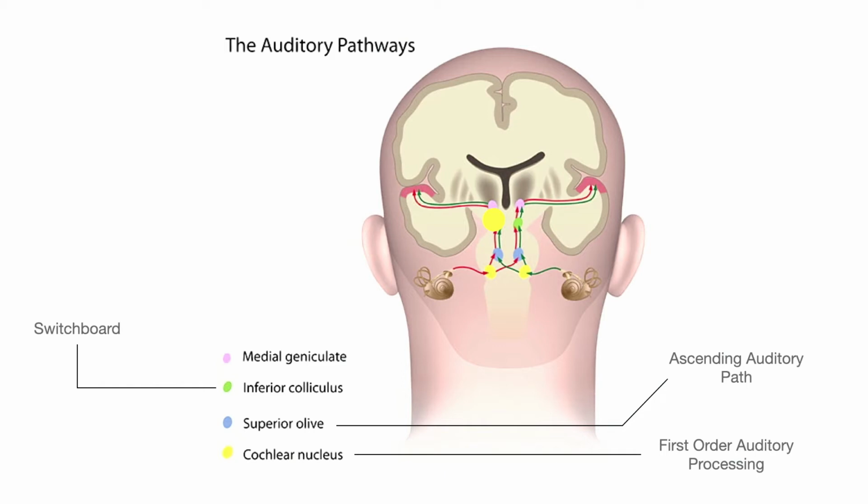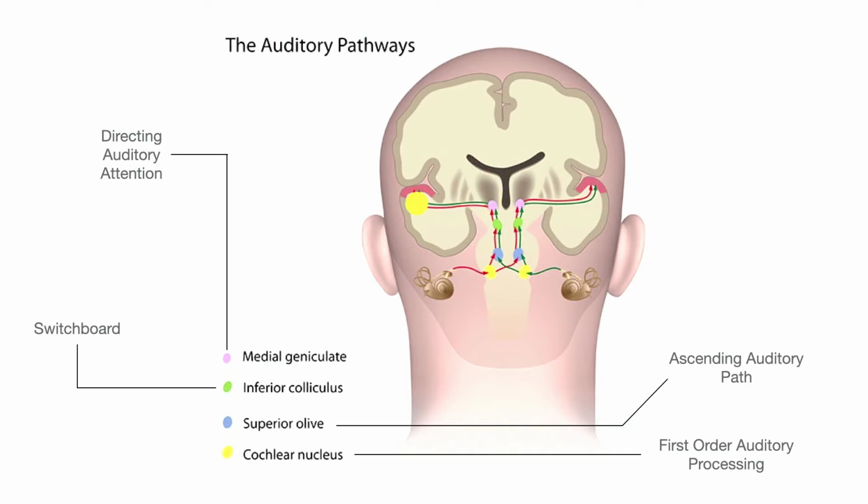Now we're starting to get into some processing, attentional issues in terms of parsing out the different sounds by pitch and frequency. And then finally into the medial geniculate, which directs the auditory information to the brain and activates our attention systems to those sounds. Now we can begin processing.